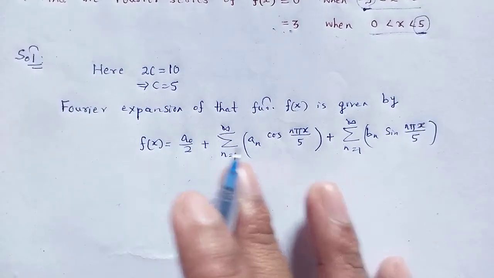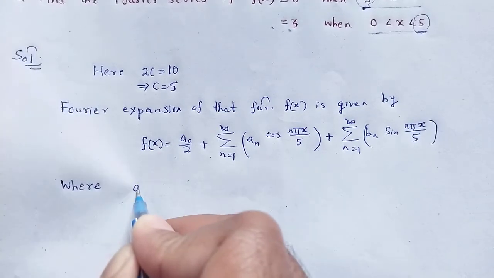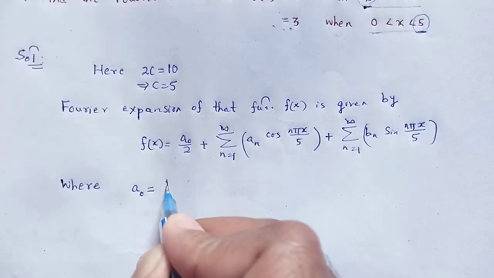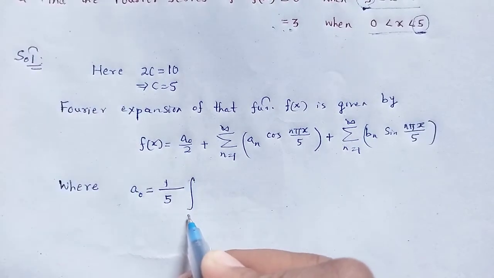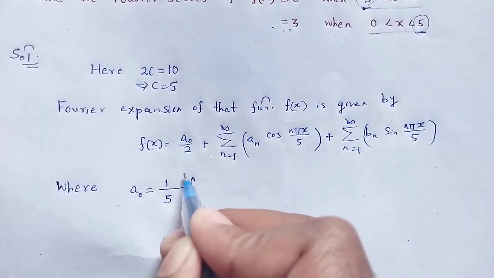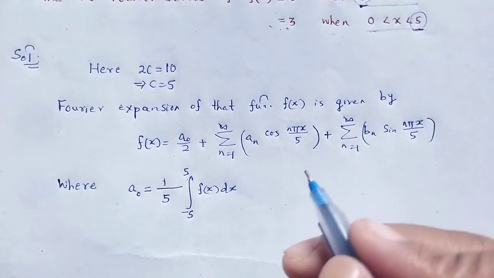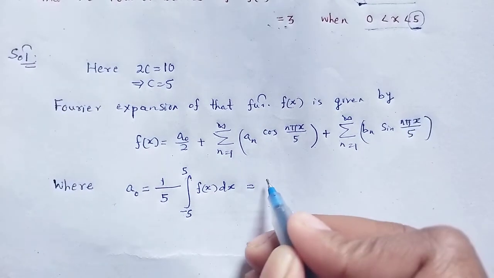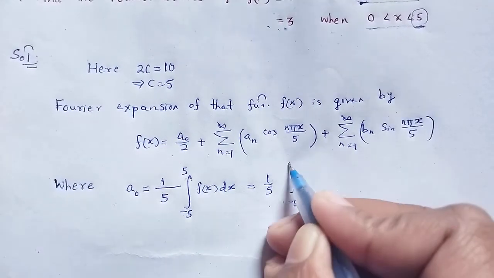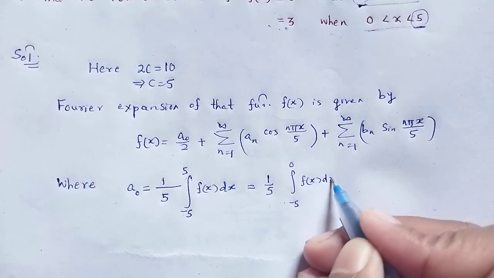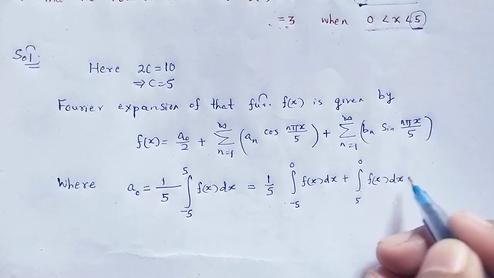Now we have to calculate the Fourier coefficients, where a naught is equal to 1 by c, that is 5, integration from minus 5 to 5 f of x dx, which is equal to 1 by 5, integration from minus 5 to 0 f of x dx plus 0 to 5 f of x dx.